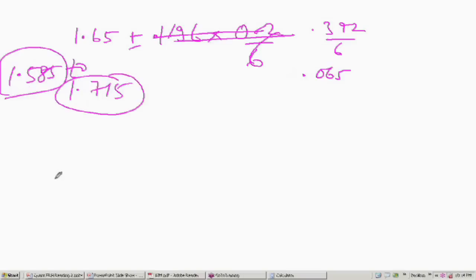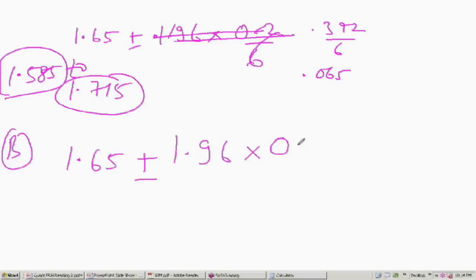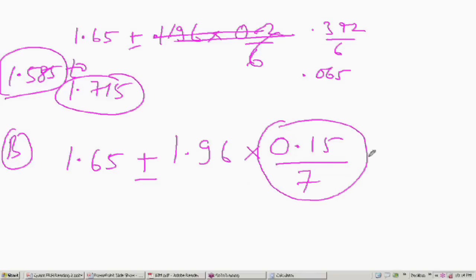For B it will be 1.65 plus minus 1.96 into 0.15, divided by, let's say he is not 50 but 49, so root of 49 is 7. Again you will compute this. Now what you will find is that this is roughly 0.2, so is this lower or higher? It will be lower than this.